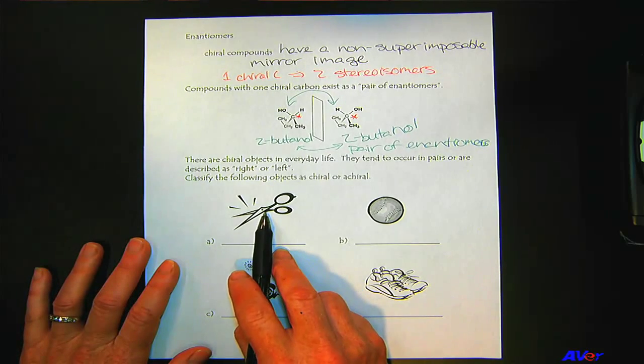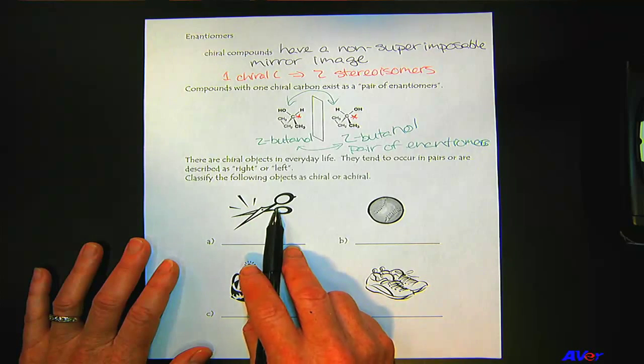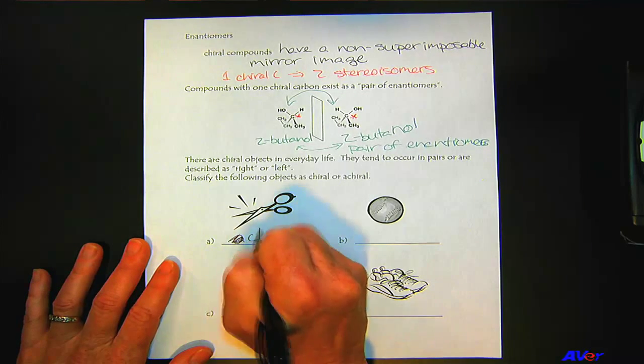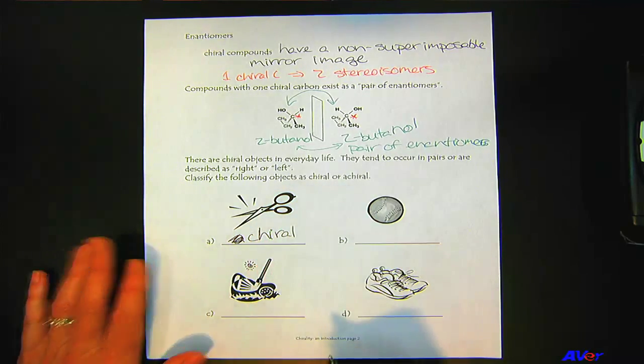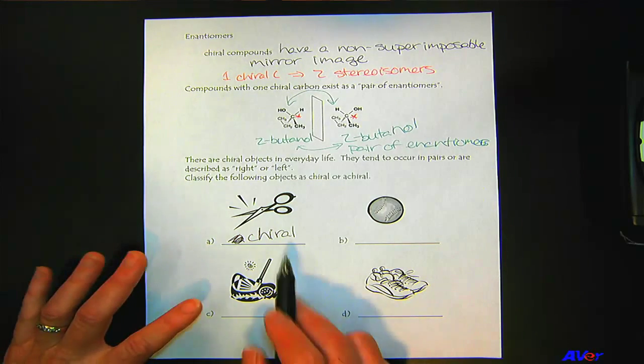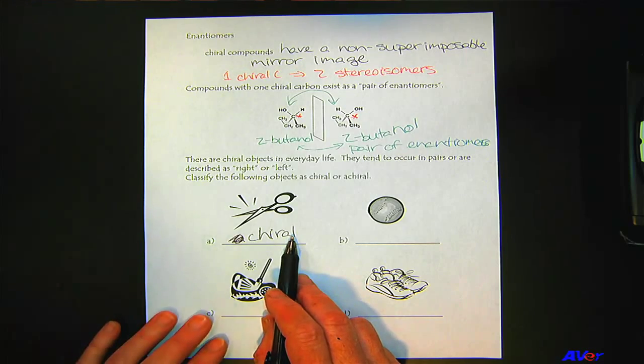If we look at scissors, do scissors have a plane of symmetry, or no? So they are chiral. Anybody that's left-handed that's ever tried to use a right-handed pair of scissors understands what I'm talking about.